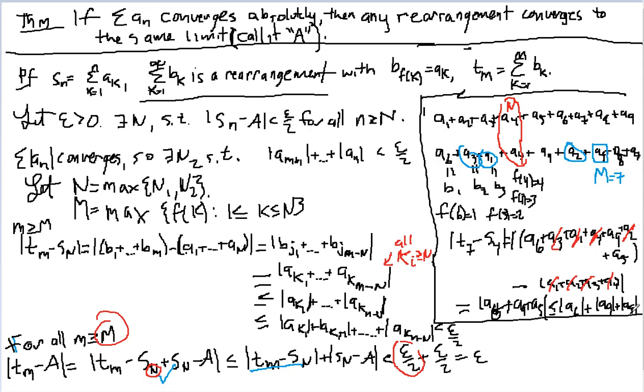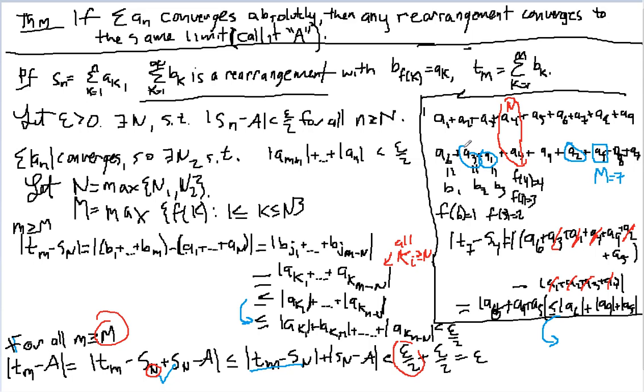So the analogy over here: I have that T7 minus S4 gave me A6 plus A9 plus A5, which is less than or equal to the absolute value of A6, plus the absolute value of A9, plus the absolute value of A5. Going from here to here, the analogy is that this is A5, A6, A9, which is missing some terms.